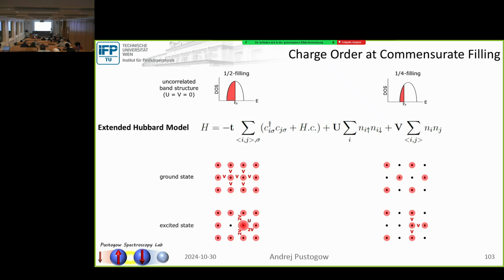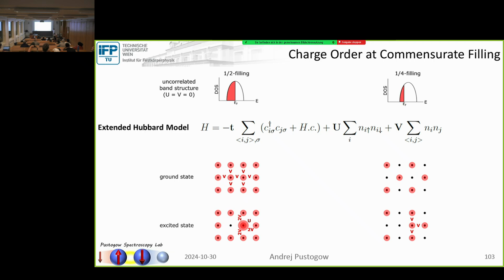And as a result, in a half-filled system, you build a Mott insulator, so double occupancies are the relevant potential energy. In a quarter-filled system, when you move a charge, you don't create double occupancies, but you pay this off-site, so inter-site Coulomb repulsion V. And this is favoring a situation where the charges are far from each other.